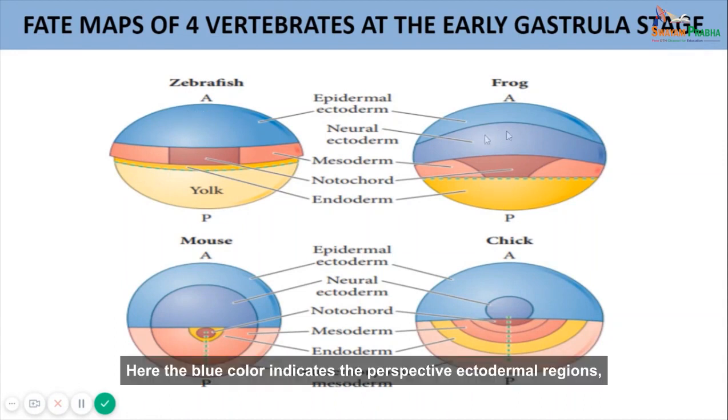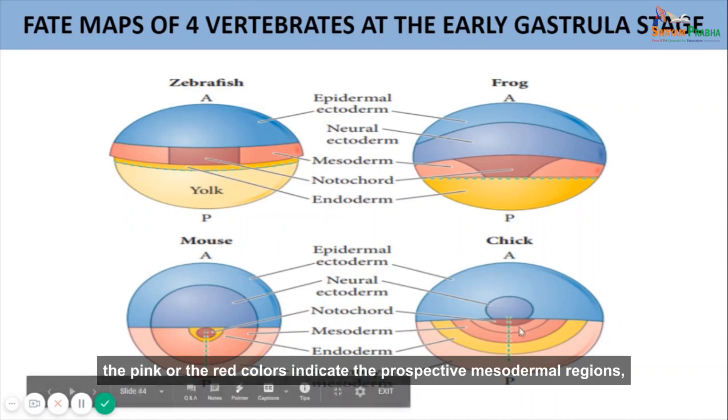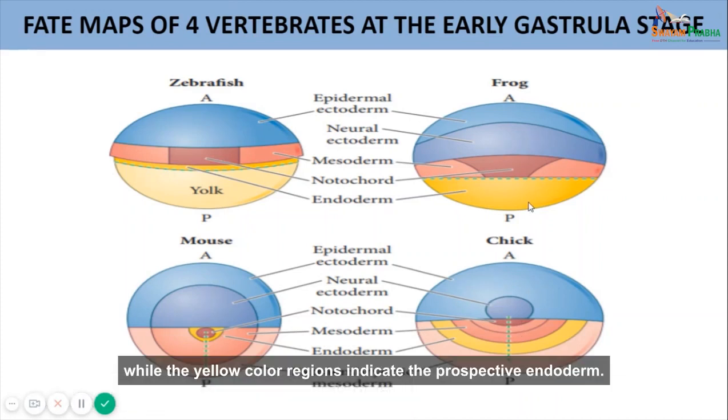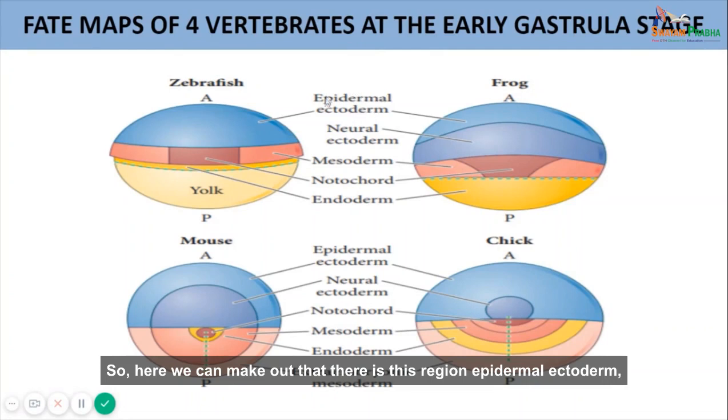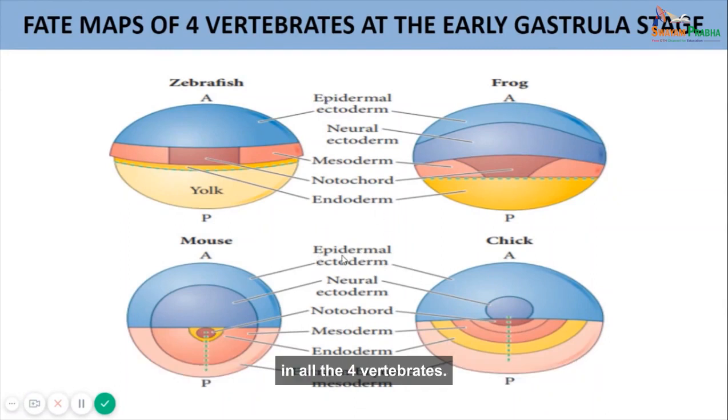Here the blue color indicates the prospective ectodermal regions, the pink or the red colors indicate the prospective mesodermal regions, while the yellow color regions indicate the prospective endoderm. So here we can make out that there is this region epidermal ectoderm which is present in all the gastrula around the animal hemisphere, and this is the region which will form the epidermis of the skin in all the four vertebrates.